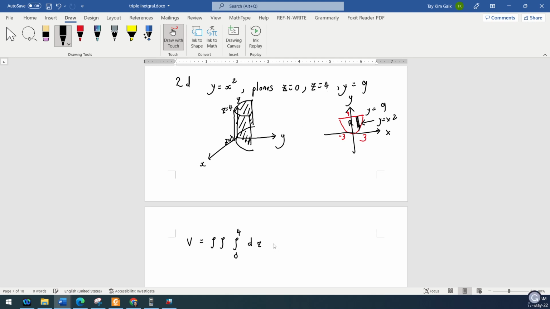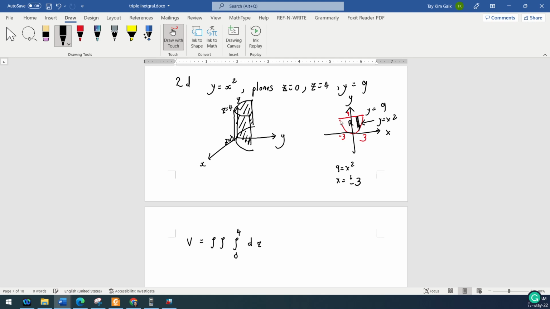Later on, the dA here, you sketch your region R on the 2D plane, the xy plane. So this will look like your double integral bounded by y equals x squared, y equals 9. So your x, when y is 9 into x squared, x you have positive, negative 3.